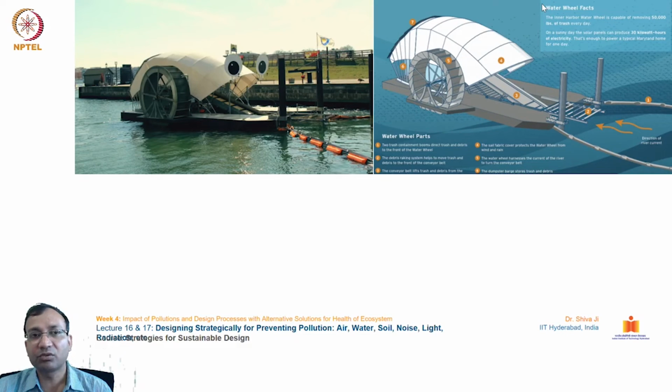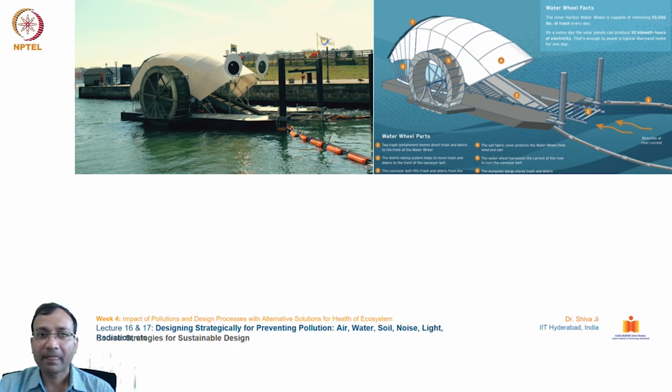It keeps moving, and the conveyor belt, as you can see in this picture, takes whatever trash is in front of it and deposits it in its belly, and it keeps on moving. It is powered by the water itself, so it moves freely in the water.